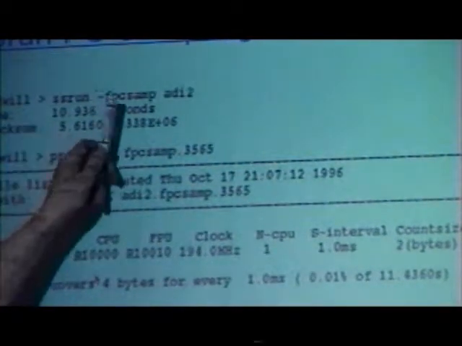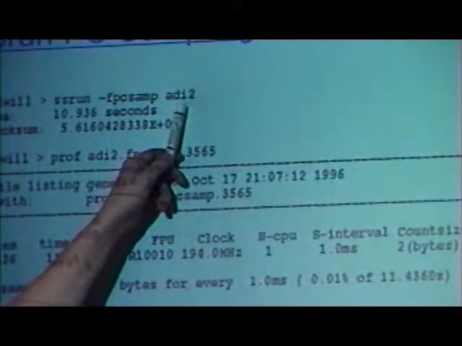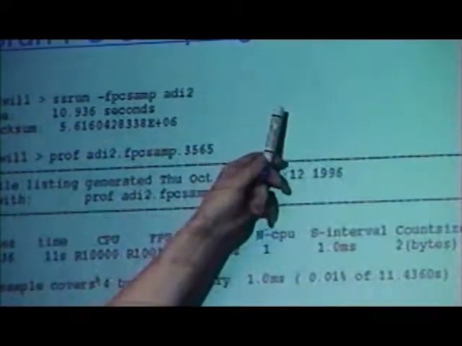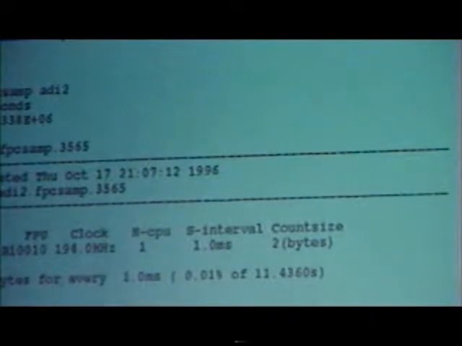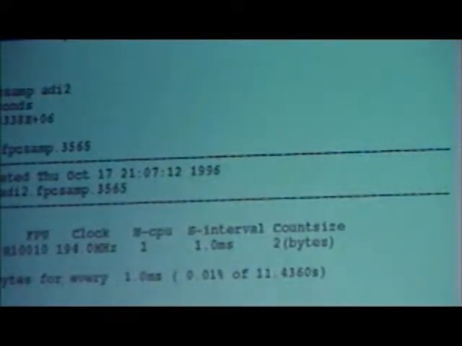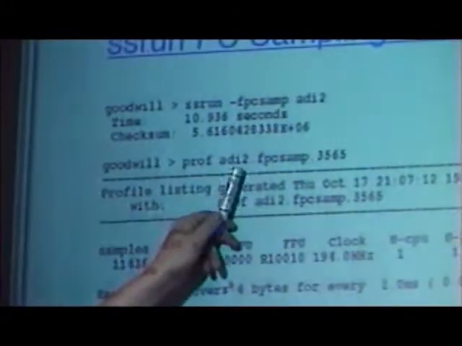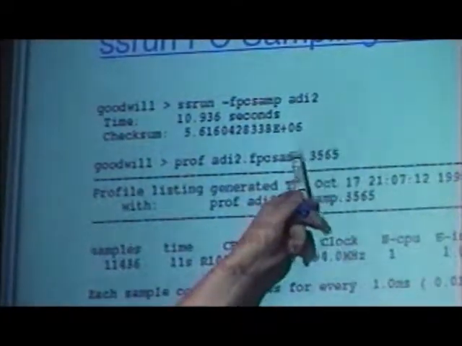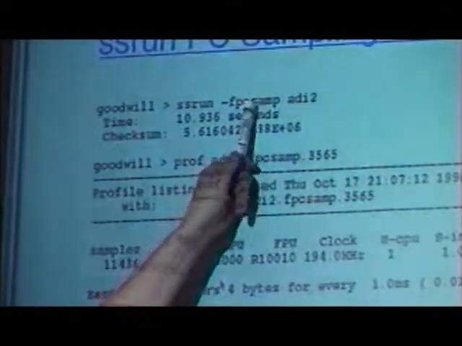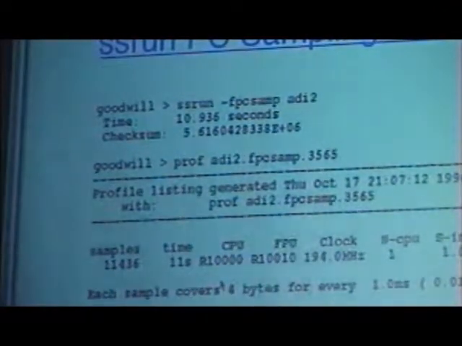So they do ssrun, name of the experiment, name of the program, and any command line arguments the program would have. And then to view it is the prof command. So ssrun collects the data, and then you run prof on the name of the command dot name of the experiment dot PID. So every process that ran in that experiment is going to have a dot PID file associated with it.